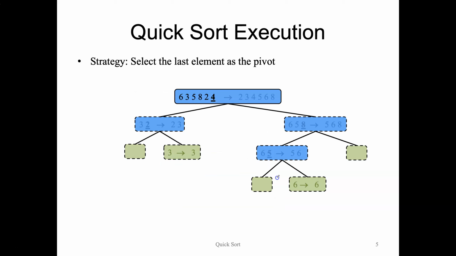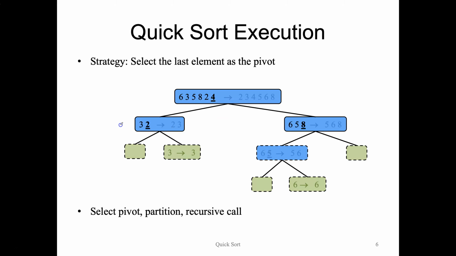Let's say we're given the sequence 6, 3, 5, 8, 2, 4. And let's just suppose that we always choose the last element as our pivot. So we're going to go through and partition this sequence into the lists L, E, and G, using 4 as our pivot.